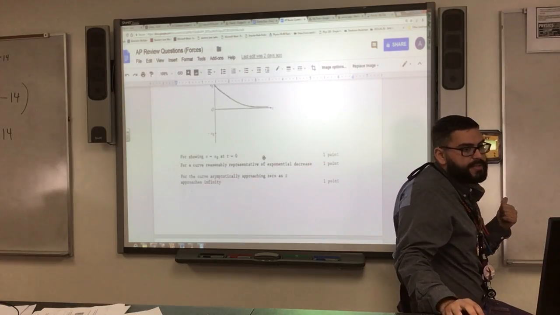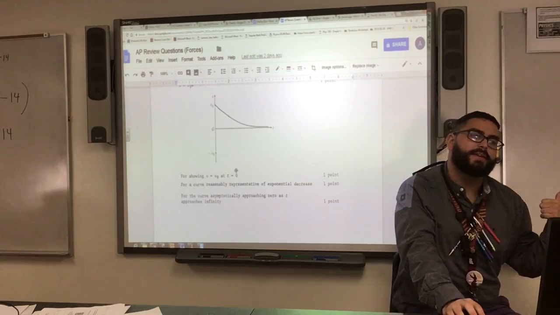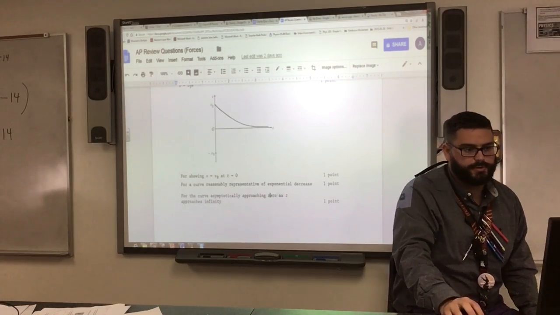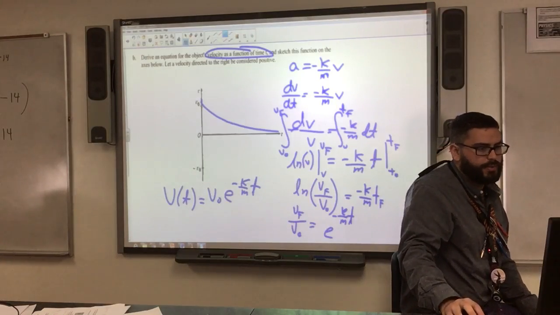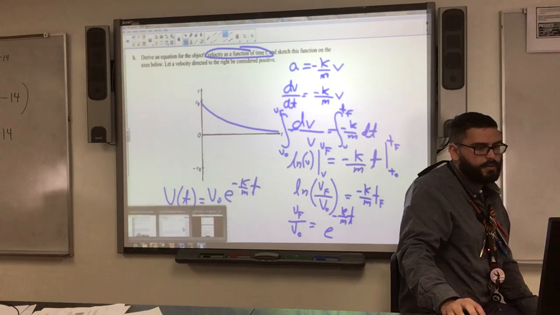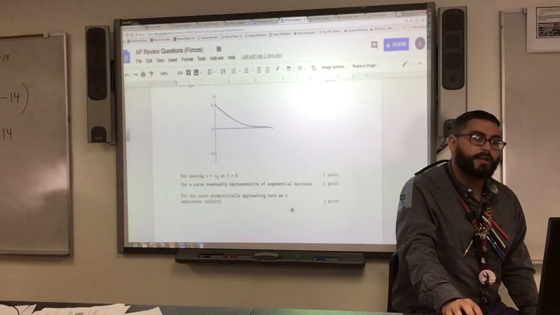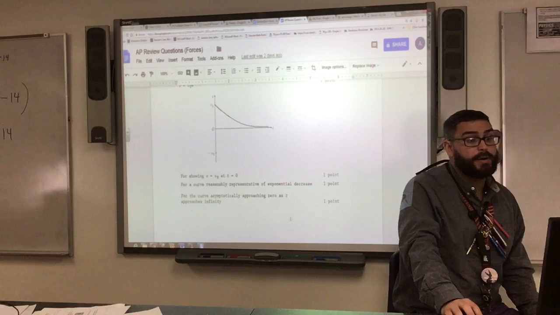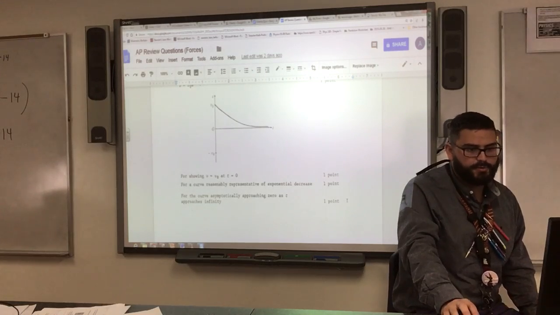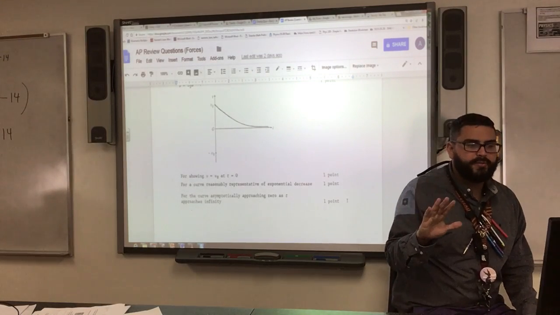1 point for showing us that the velocity is the initial velocity at time t equals 0. Did we show that? We did. Okay. 1 point for a curve that is reasonably representative of an exponential decrease. So it's got to be somewhat curvy.